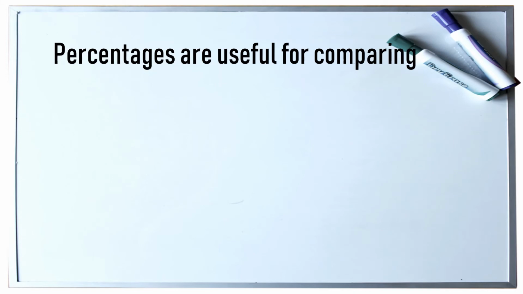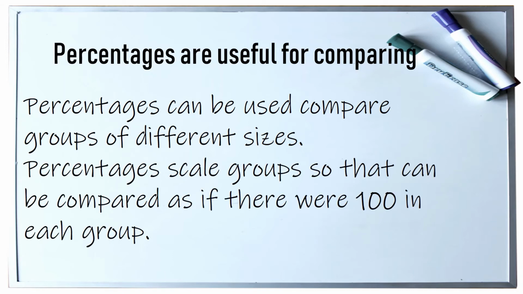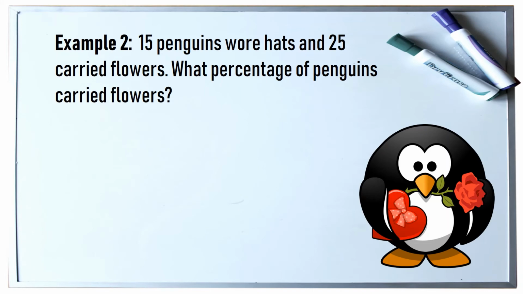Percentages are useful for comparing, and this is why we use them so often. They can be used to compare groups of different sizes. So before we had one colony with 100 penguins and another with 20. What we do with percentages is we scale the groups so that it can be compared as if there were 100 in each group.